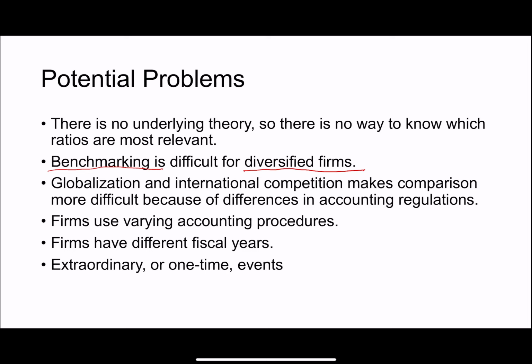The third one is globalization and international competition that make comparison more difficult because of differences in accounting regulations. Well, basically what happens is not all companies have generally accepted accounting principles. Not all of them adopt GAAP. In some countries, it's a different system.